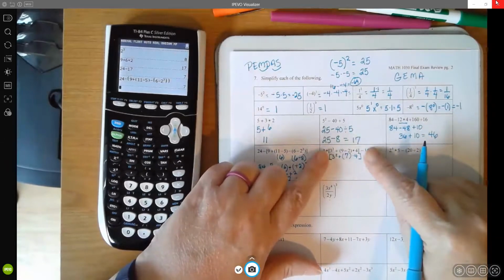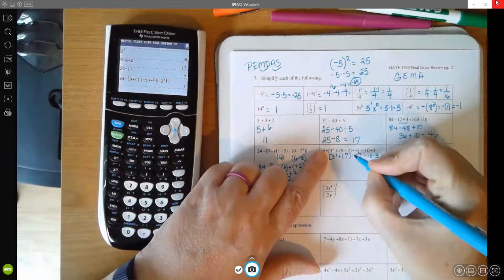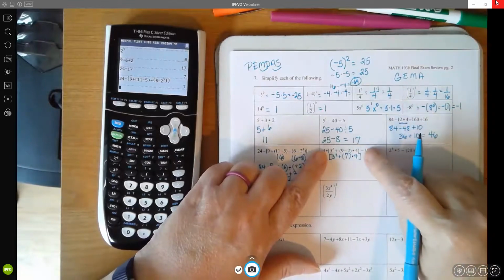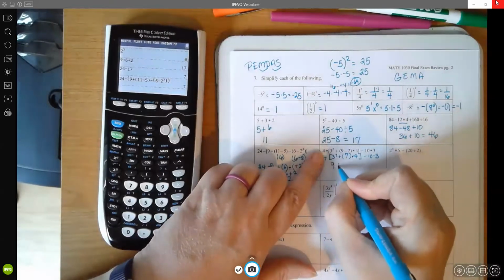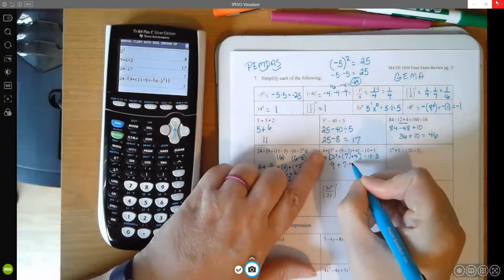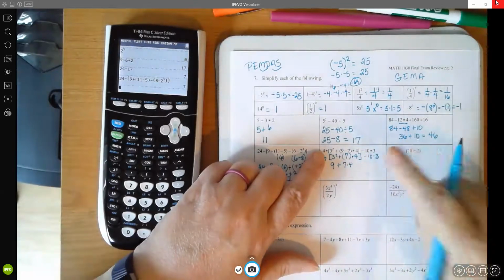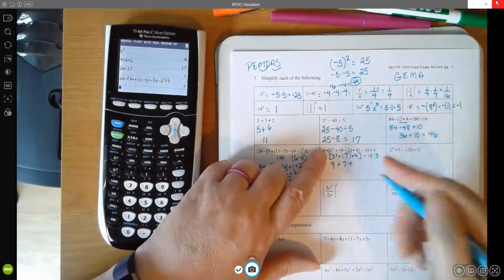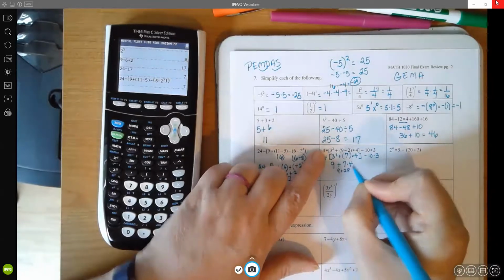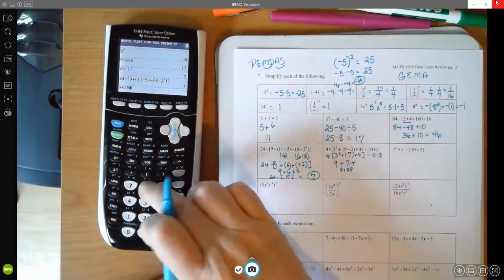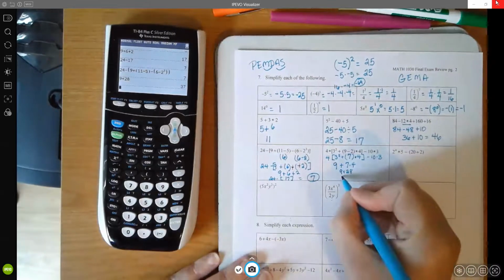Again, copying and covering up everything else. Inside, I have an exponent, a multiplication, and an addition. So I do the exponent first, 3 squared. So that would be 9 plus 7 times 4. And then once I do that, that would be 9 plus 28. 9 plus 28 gives me 37.